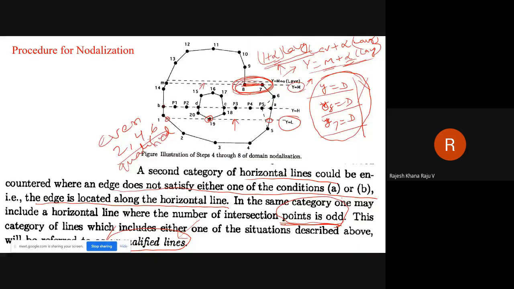Then there is a possibility that you may have an intersection of this y equal to d at an even number of points, or it may have an intersection at an odd number of points. Like these are the lines with an even number of points, like this one: 1, 2, 3, 4 points of intersection.